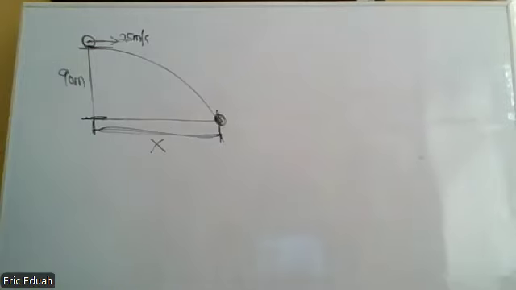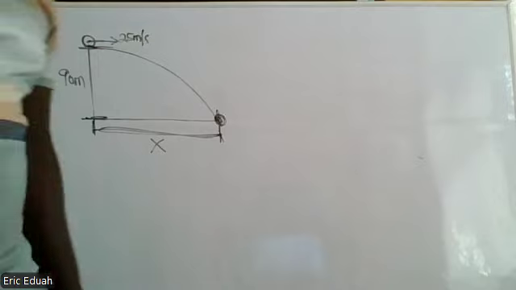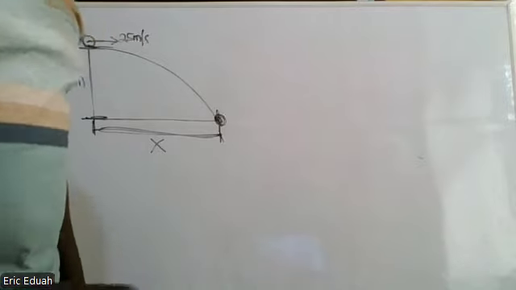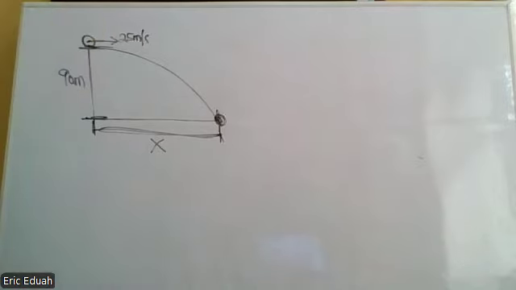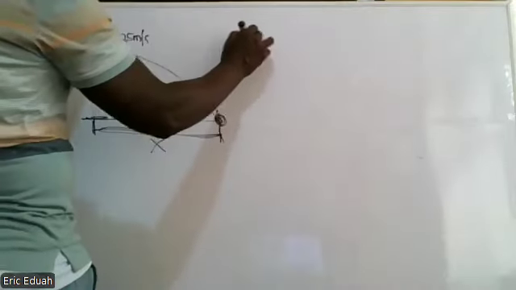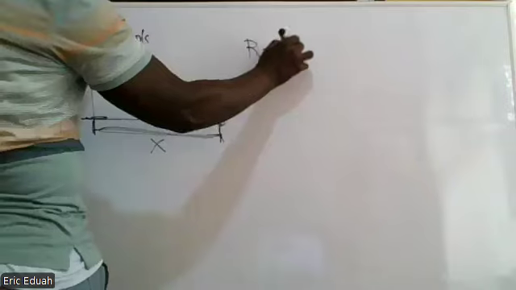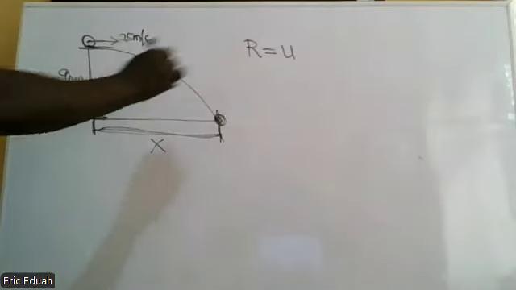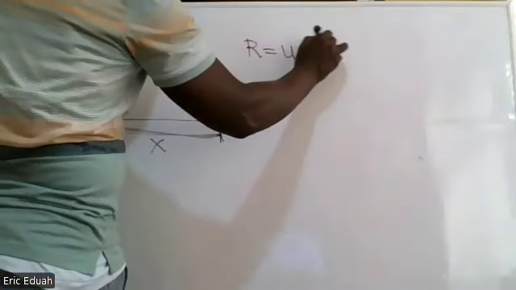So x, and clearly, this is the range. It's a question which demands the range of the projectile. And we've just learned that range is equal to the velocity of projection times the time of flight.